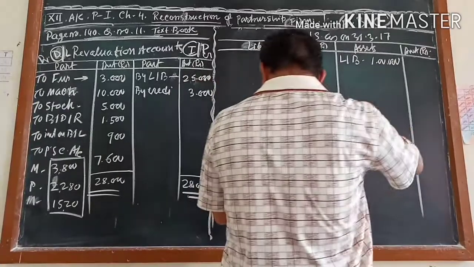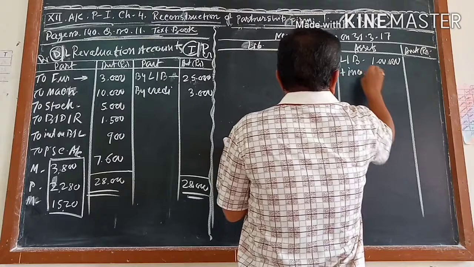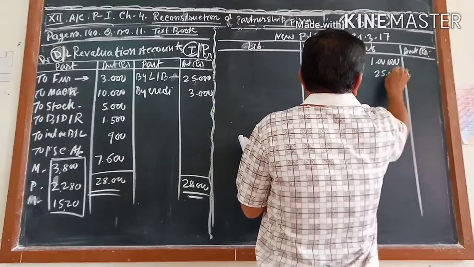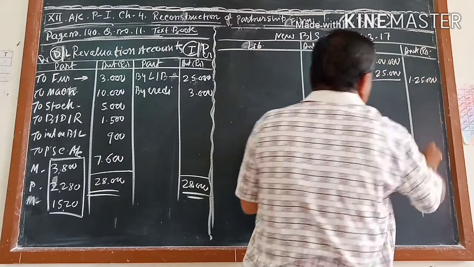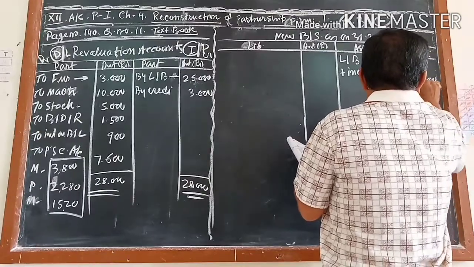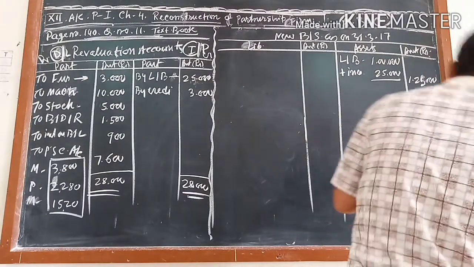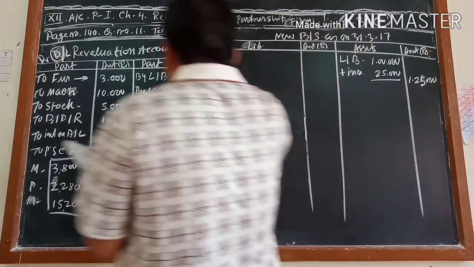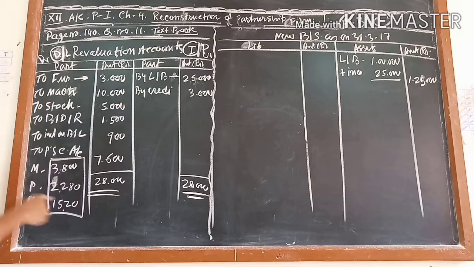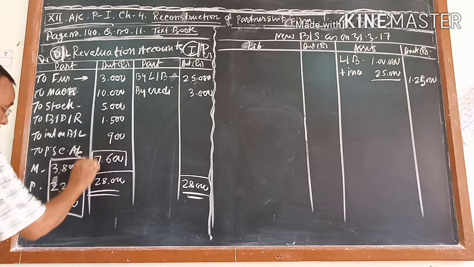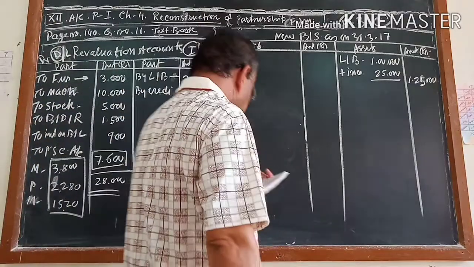Land and building is 1,00,000 and it is increased by 25,000 and it became 1,25,000. That is the new value. Understand? Actually, whatever change is coming is the net result of the changes in assets and liabilities, and it will be added with the current account.